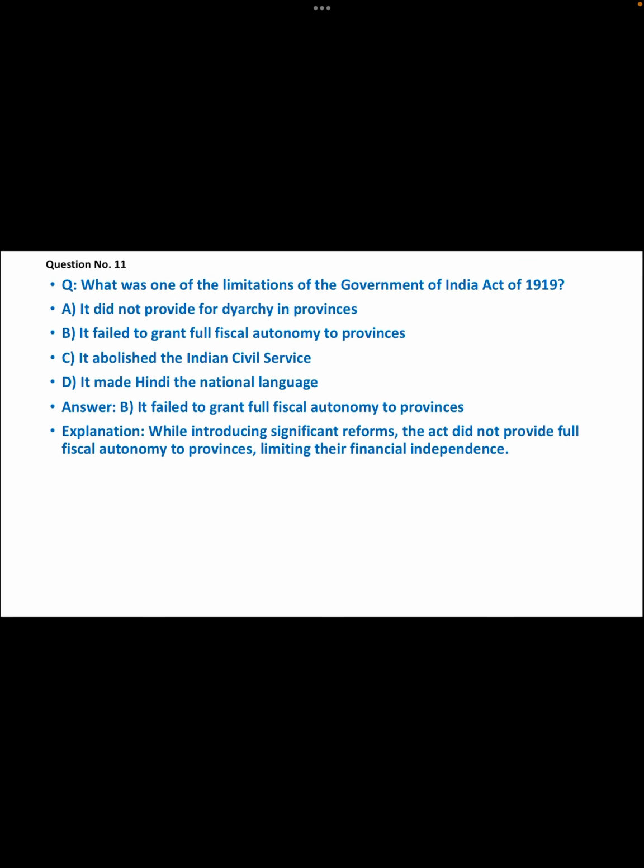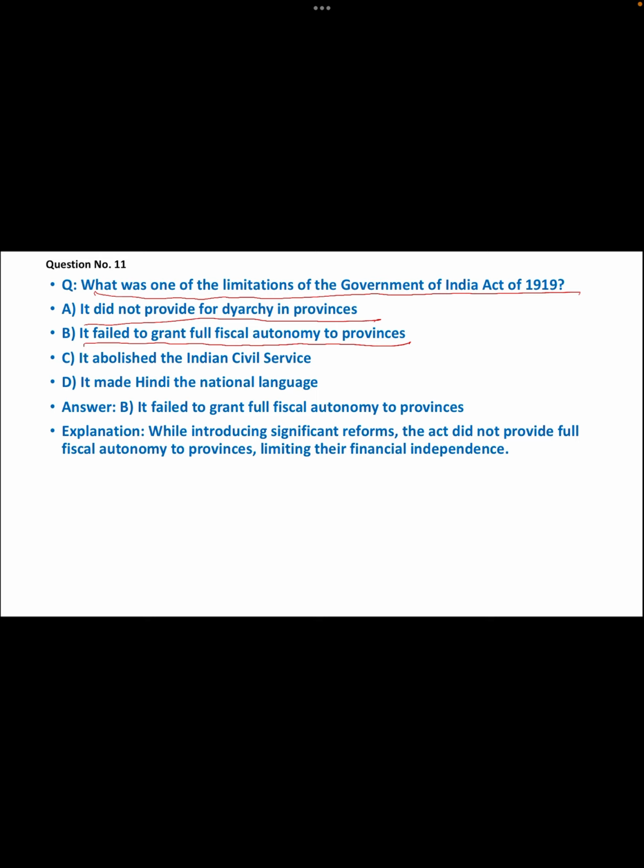The next question is, what was one of the limitations of the Government of India Act 1919? A. It did not provide diarchy in provinces. B. It failed to grant full fiscal autonomy to provinces.